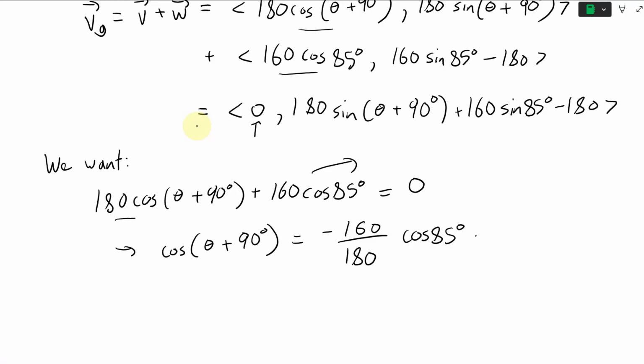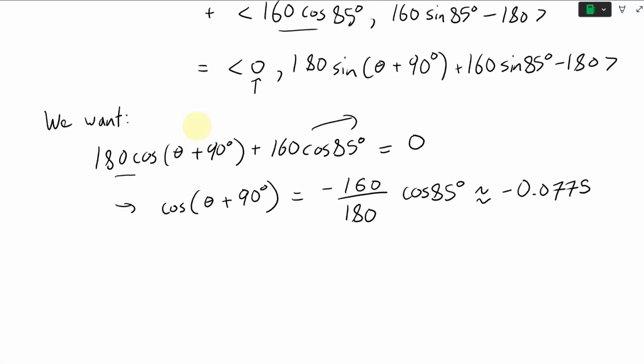All right, now if you plug this into the calculator, this part's going to be equal to roughly negative 0.0775. And so this means now we got to solve for theta, and we just take the arc cosine of it.